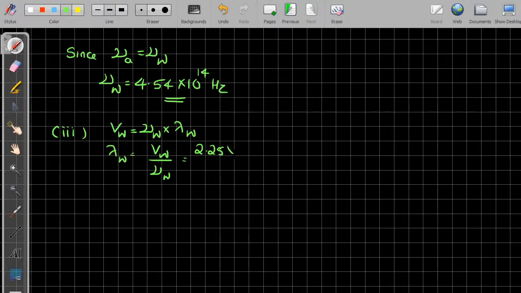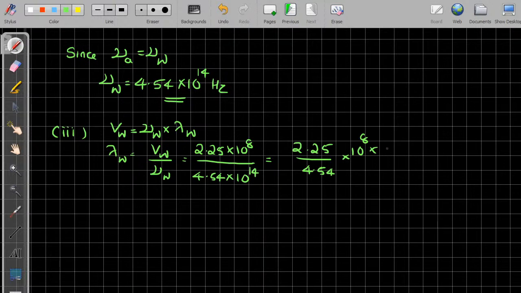2.25 into 10 raised to 8 divided by, what is the frequency? 4.54 into 10 raised to 14. So this becomes 2.25 divided by 4.54 into 10 raised to 8. Then 10 raised to 14 comes to the numerator, it becomes 10 raised to minus 14.